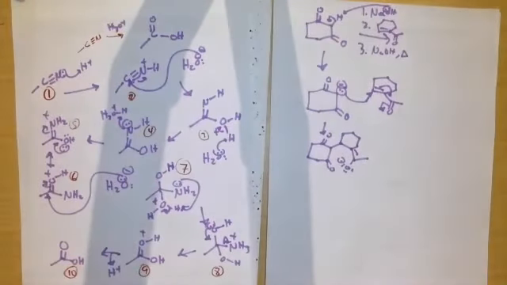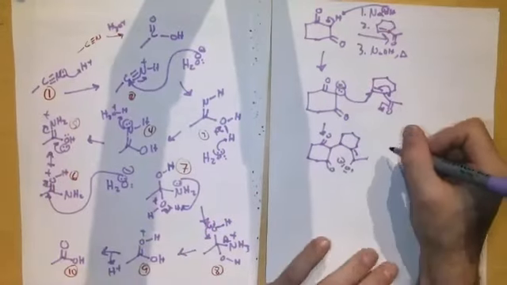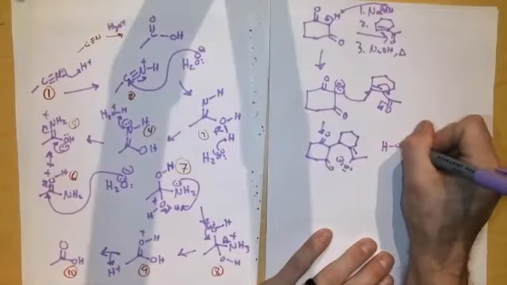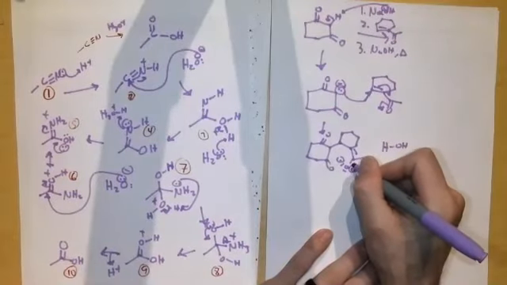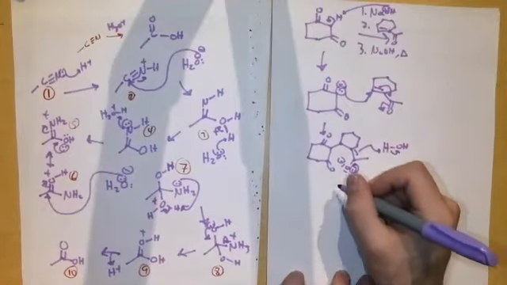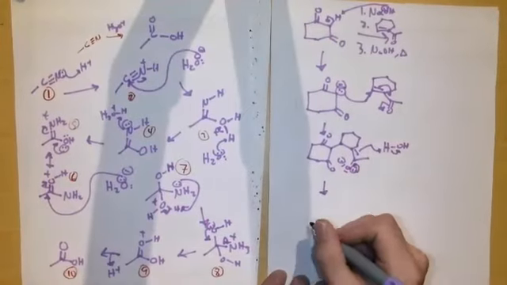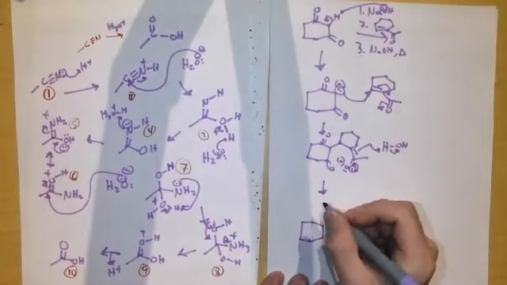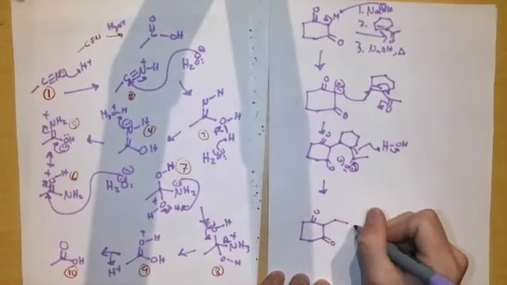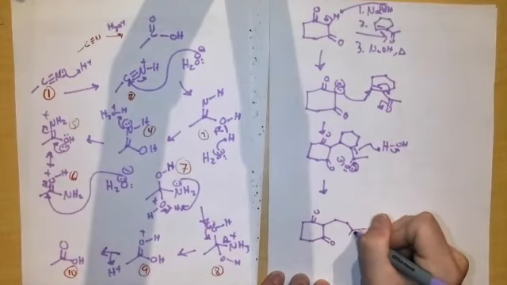From this point, we can reprotonate because we made water in the first step. And that is the end of our Michael addition.